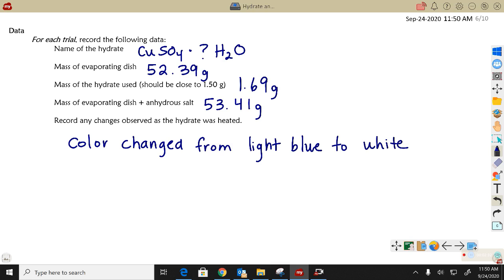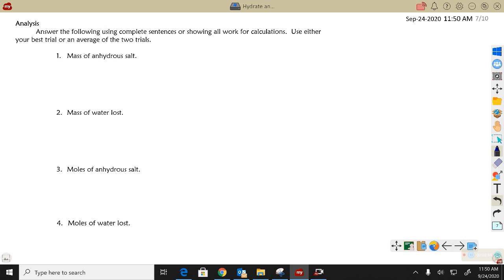There, that's the data. Now I move on to the analysis. On your paper, it's totally fine if you just want to write number 1, number 2. And if you want to label it mass of the salt, mass of the water, that's totally fine as well. In the end, you're just going to upload photos of your notebook or whatever paper you're using to write down your answers.